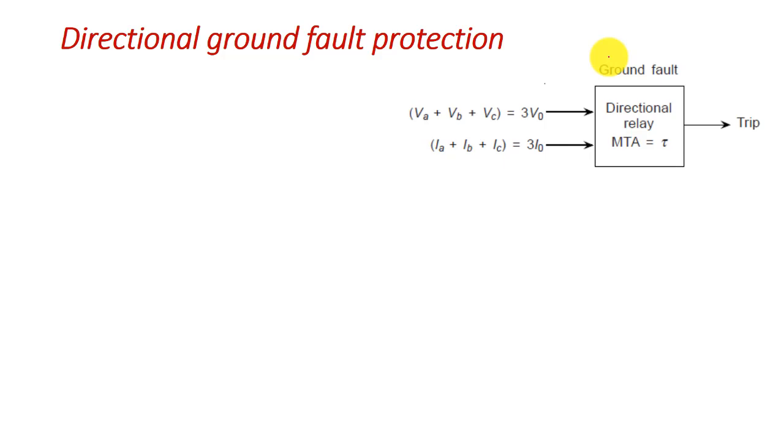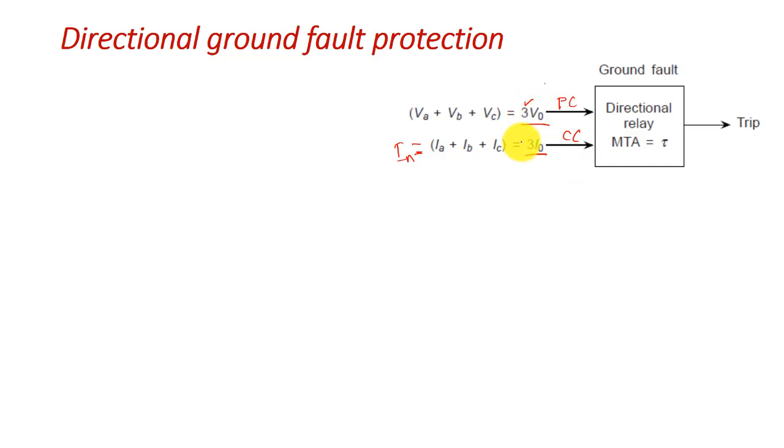Similarly, for voltage, for the pressure coil also, if we add these three voltages, VA plus VB plus VC, that is nothing but equal to 3V0, the zero sequence voltage. And IA plus IB plus IC, which is the neutral to ground current, is also equal to 3I0, right?